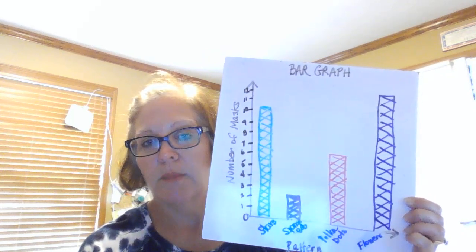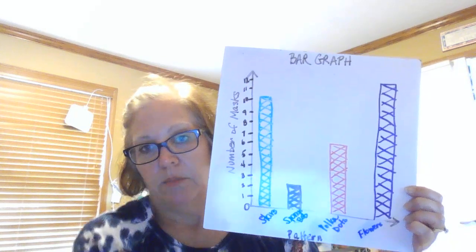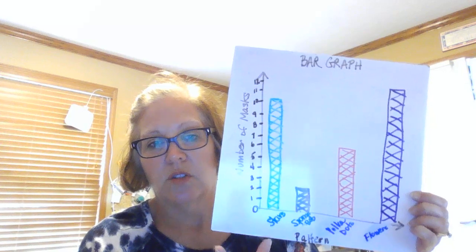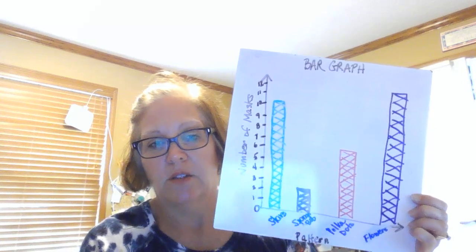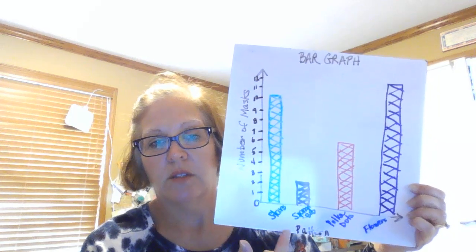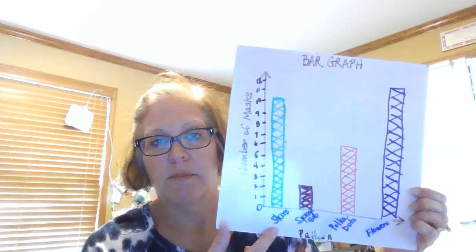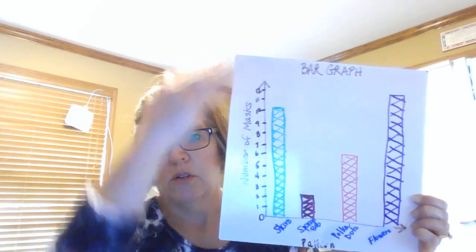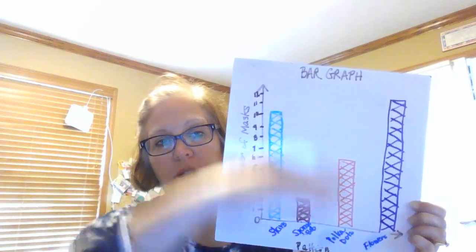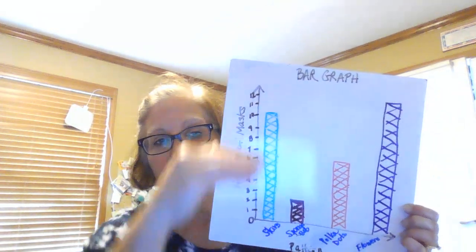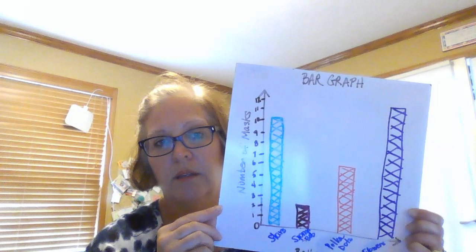My information is my mask information, so stars and whatever patterns I'm using. At the bottom, I have to label my bar graph. So the patterns I'm using are at the bottom, and then the number of masks is going up this way, because my bar graph is going to show this way. Now, some bar graphs will go horizontally, but this bar graph is going vertically, okay?